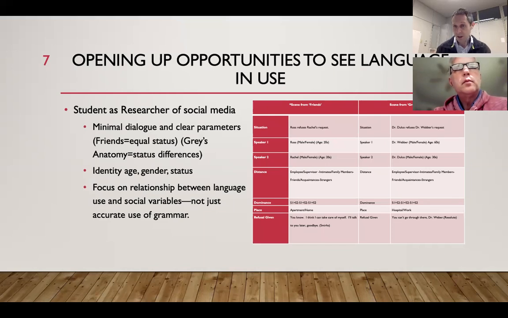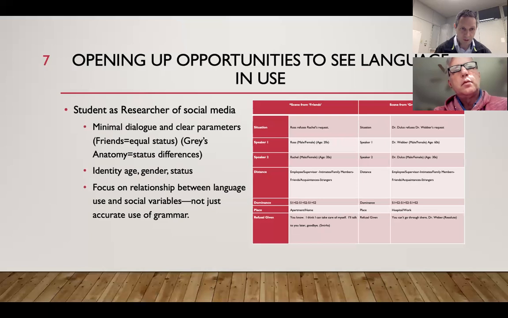In the hospital, there is a hierarchy, of course, and there are different doctors at different levels of status. By using videos, we can draw students' attention to identity, age, gender, and status, for example, and the differences in pragmatic use of language. And it focuses on the relationship between language use and social variables.